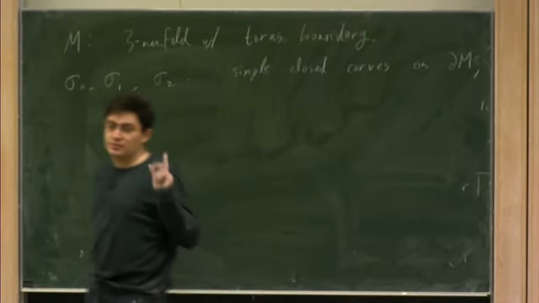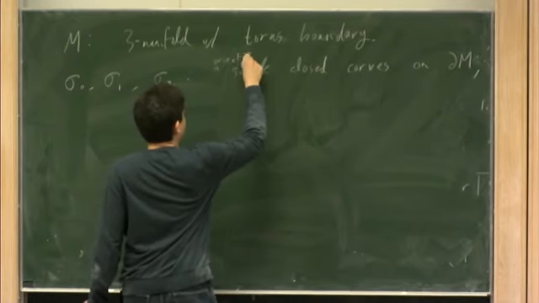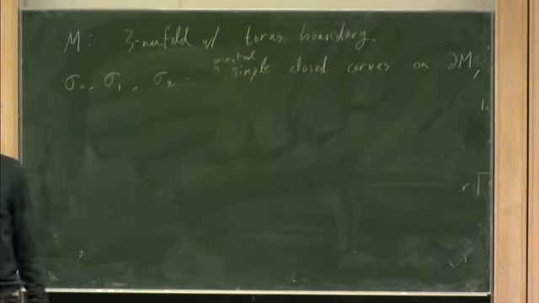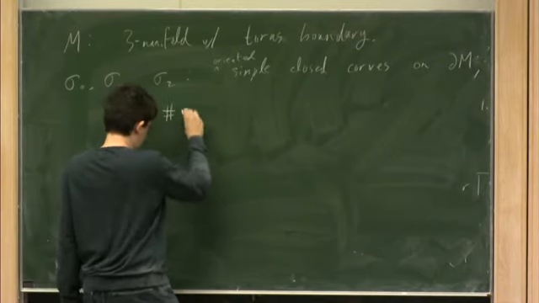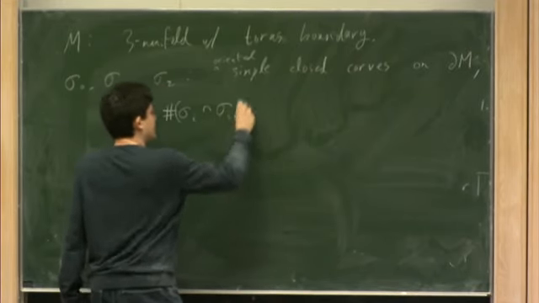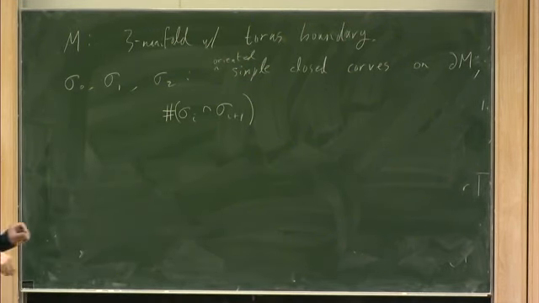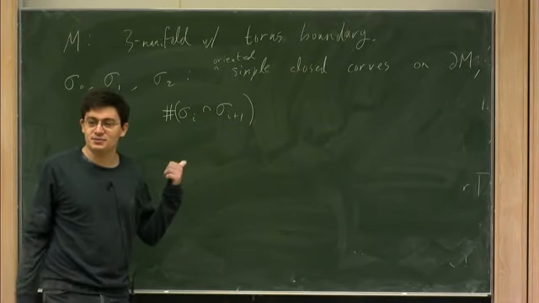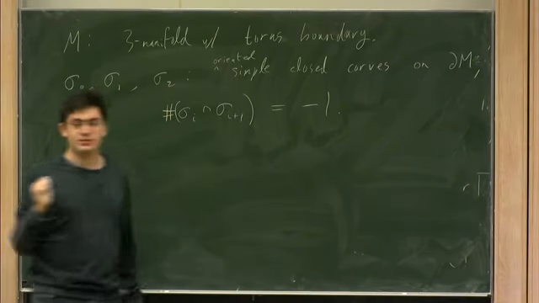And what I want to do, so they should be oriented simple closed curves with the property that the algebraic intersection number of each one with the following one, where I take the indices mod 3, should be equal to -1.